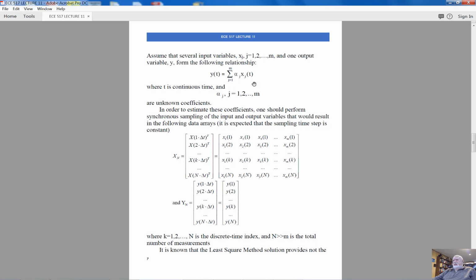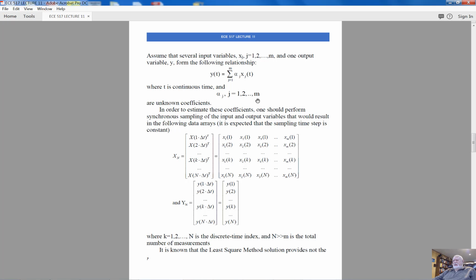And as I said, this is the scalar description of the relationship or expected relationship between parameters of the process, input variables of the process, and the output of the process. I want to emphasize that for parameters of the process, I use alphas. Later, I will be using A's for estimated parameters of the process.